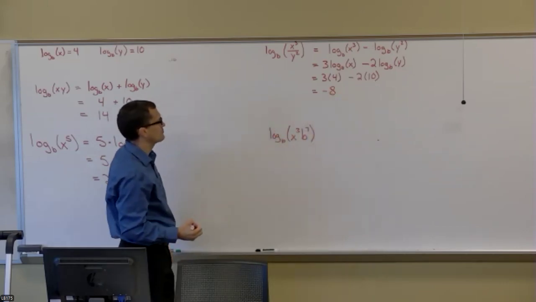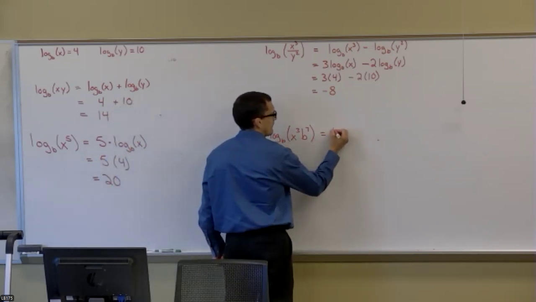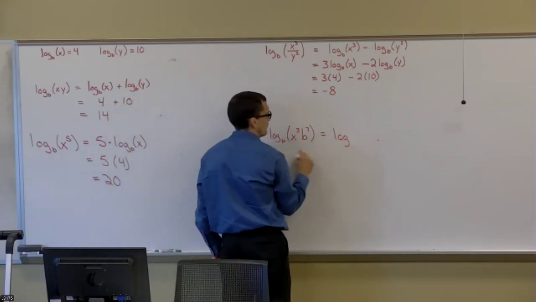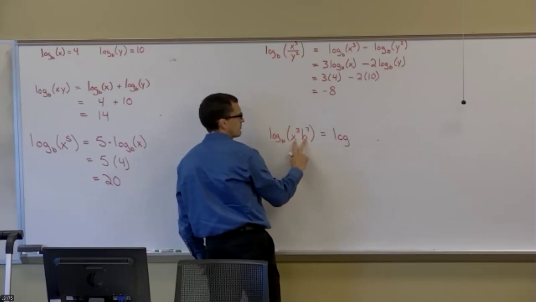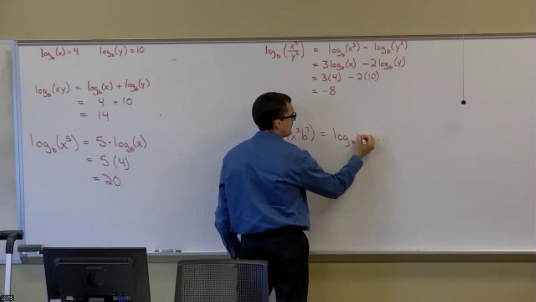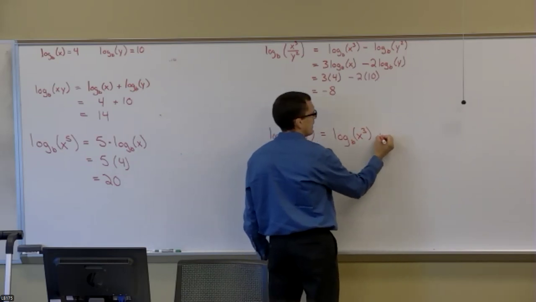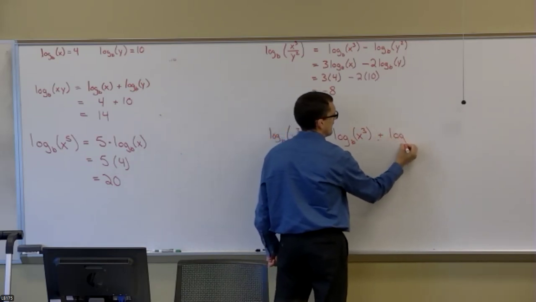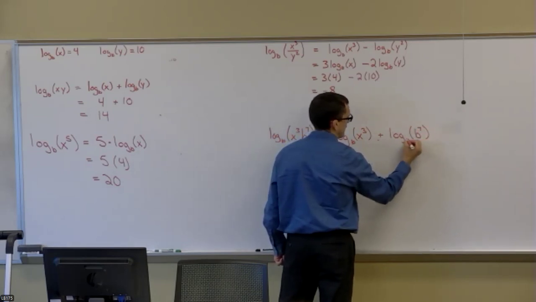Now on this last one, it's very similar. Since this is multiplying inside, we're going to take the product rule: log base b of x to the third, plus log base b of b to the 7th power.